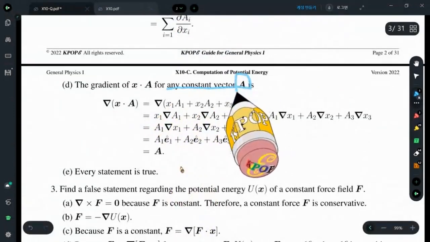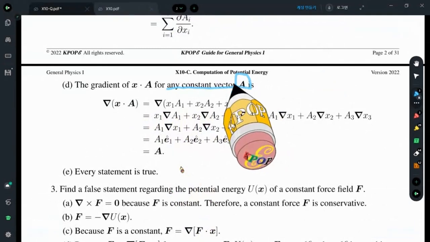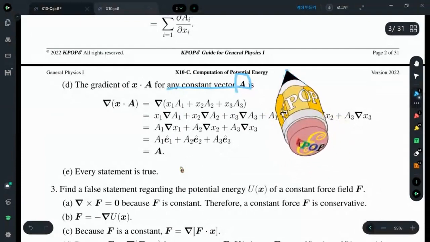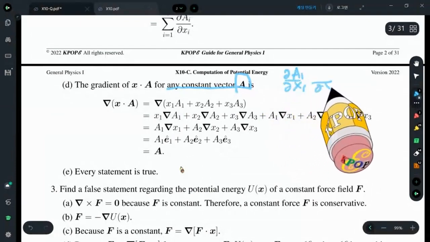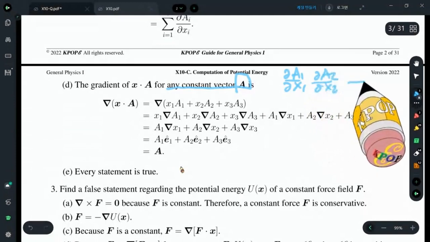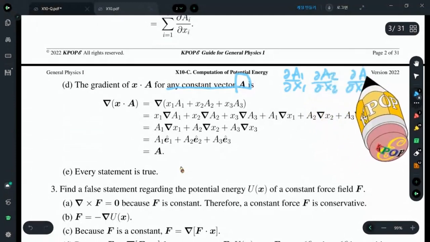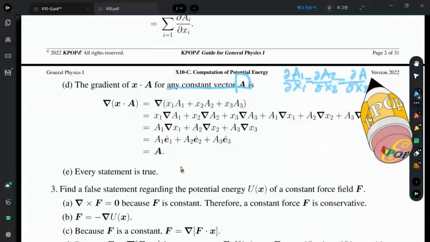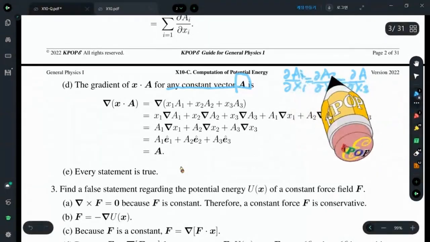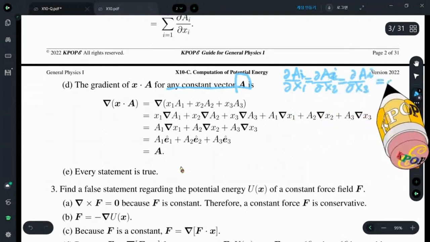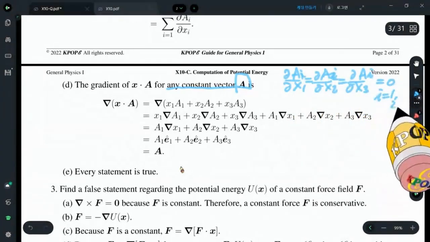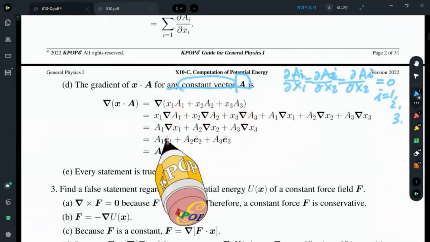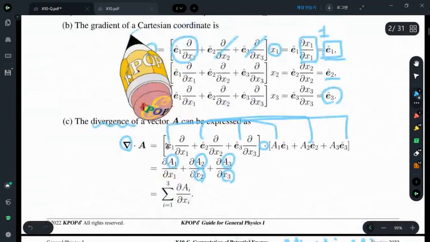Suppose that a vector A is a constant. Then the derivatives of a1, a2, a3 are all vanishing, for i equals 1, 2, and 3, because this is constant. In that case, we make use of these formulas.